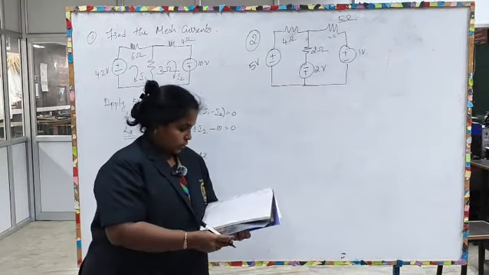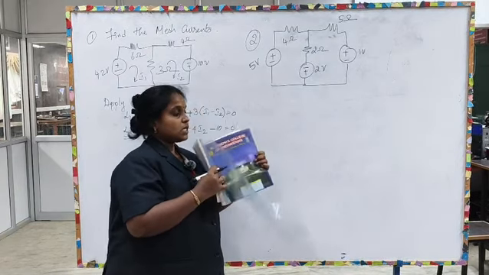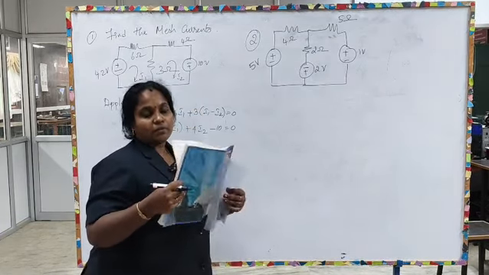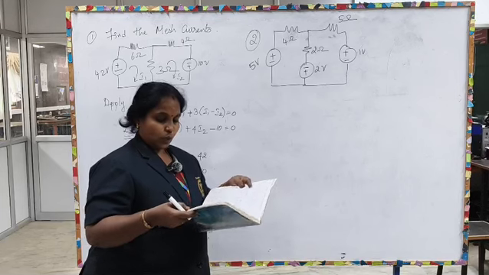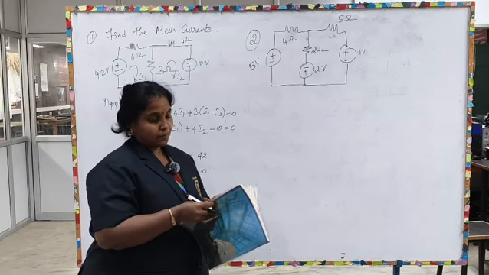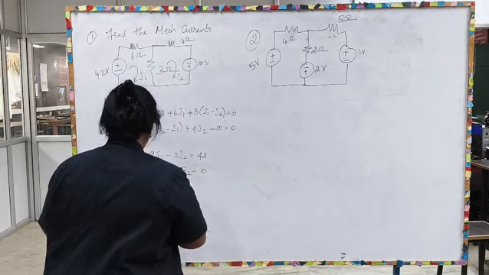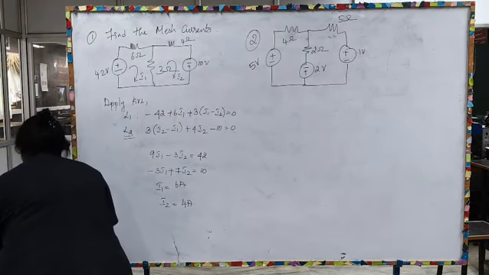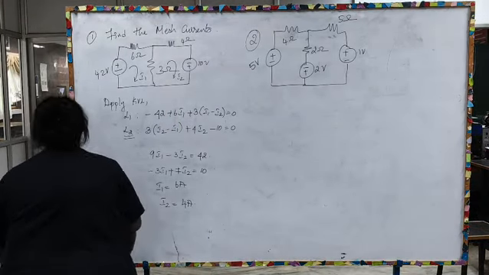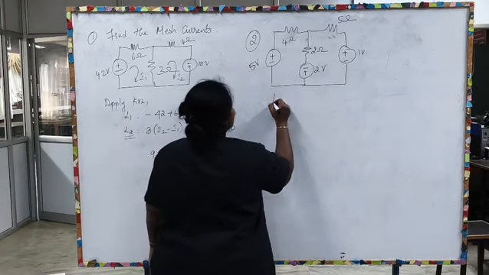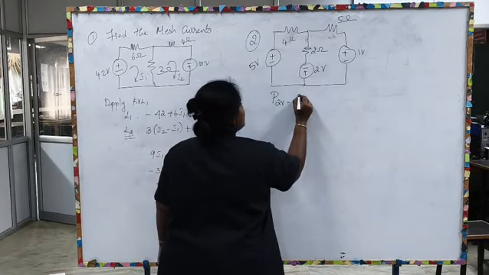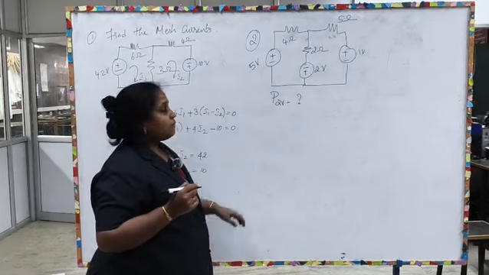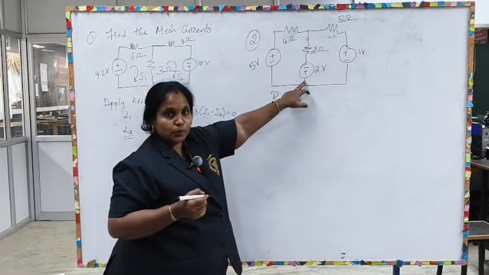Right. So, this is your second problem. The question is determine the power supplied by a 2 volt voltage source in the given figure, right. So, the question is finding the power supplied by this 2 volt voltage source.